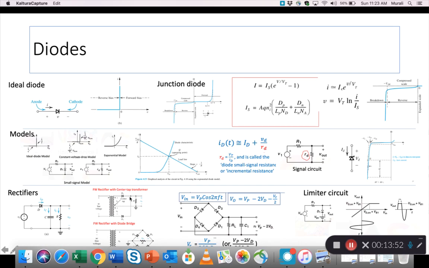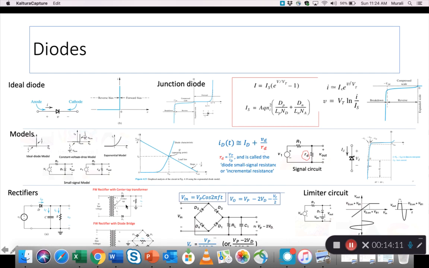Then we also looked at full wave rectifiers. This is a half wave, right? If you apply an AC, only the positive half is used, the negative half is just discarded, or the voltage output stays zero.